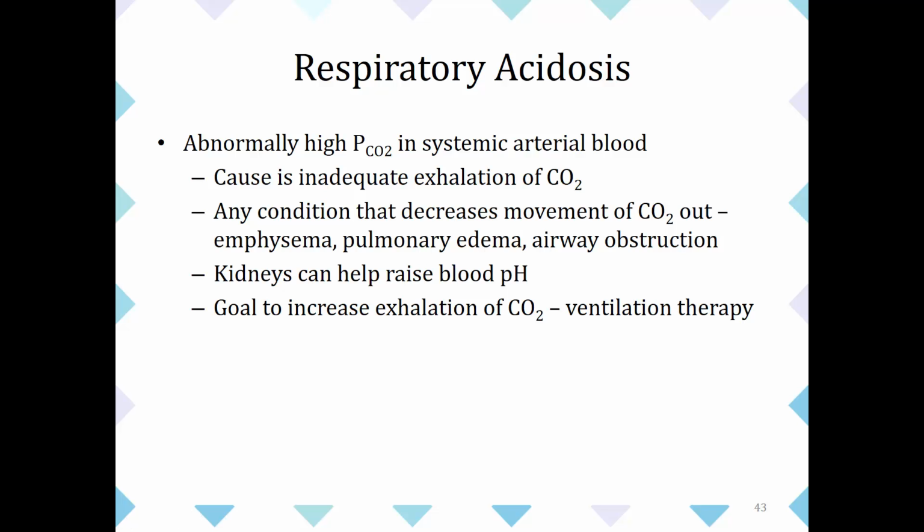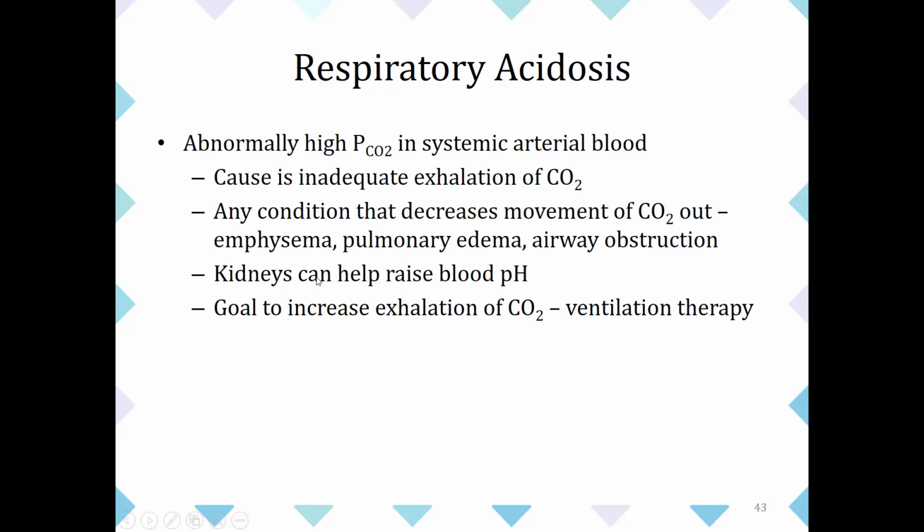Respiratory acidosis is where we have too much CO2 and it made that pH go down. Emphysema, pulmonary edema, airway obstruction, that decreases the movement of CO2 out, and so we accumulated too much CO2 in our body. Well, our lungs aren't going to automatically heal themselves in 5 minutes.